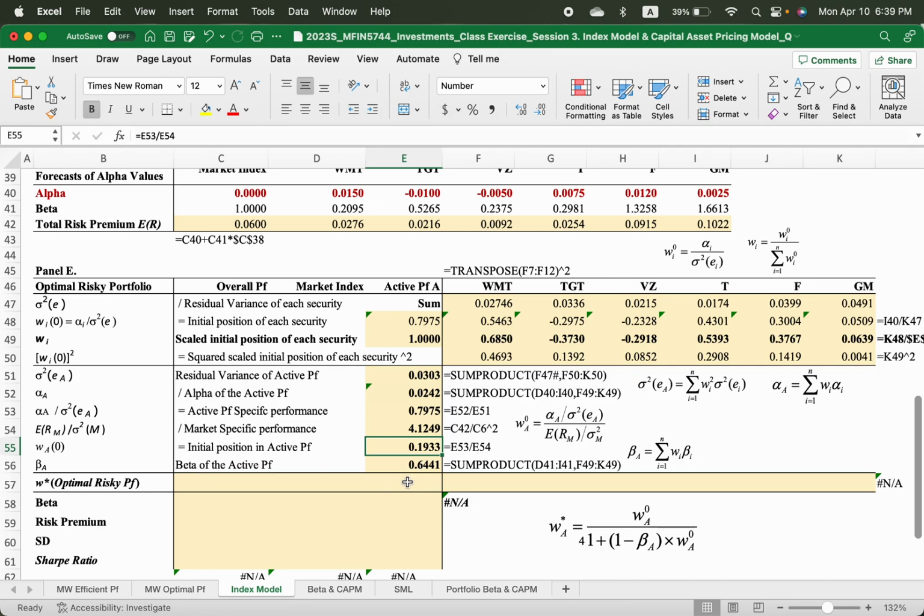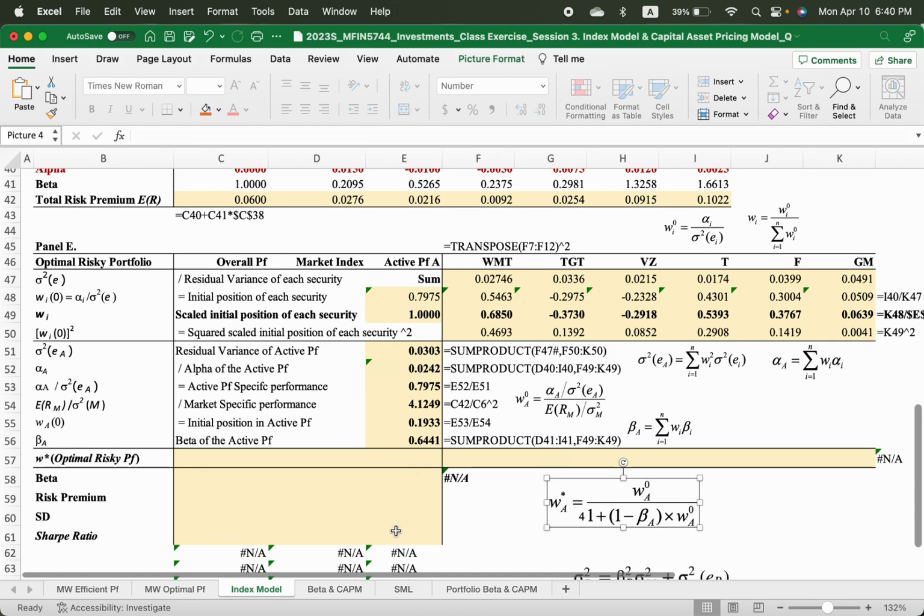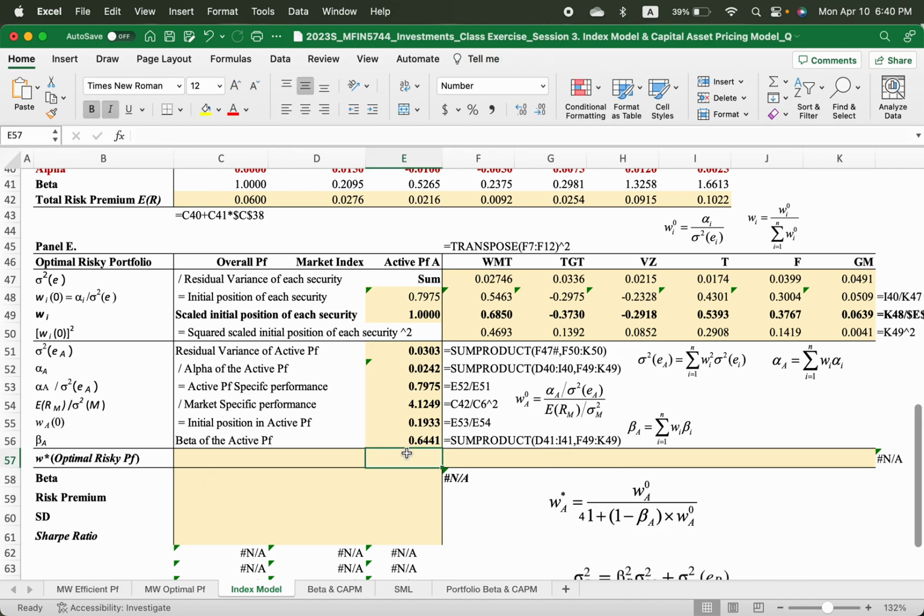Now, let's move to, finally, the optimal portfolio part. The optimal portfolio can be calculated with this equation, or we can find the optimal weight of the active portfolio using the Sharpe ratio, the maximum Sharpe ratio. Let's use this equation first.